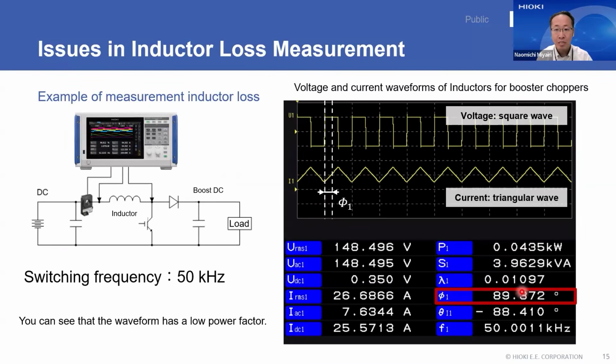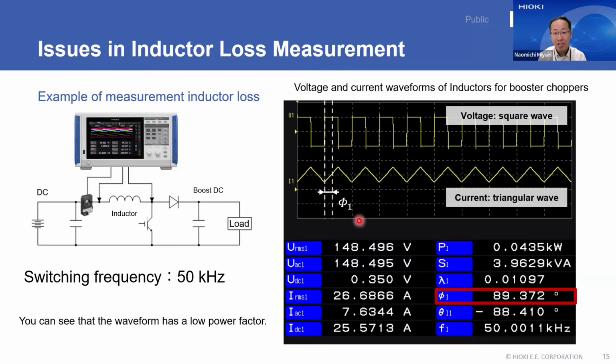Here you can see an example of the measurement circuit and waveforms used for inductor loss measurement. Looking at the voltage and the current waveform for the boost chopper inductor, the voltage is a square wave and the current is a triangular wave.